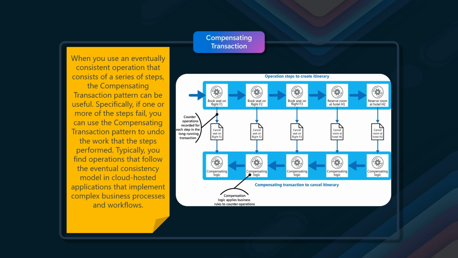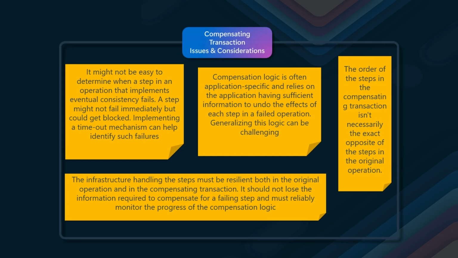Instead, a compensating transaction must be an intelligent process that takes into account any work that any concurrent instances do. This process is usually application specific, driven by the nature of the work that the original operation performs.